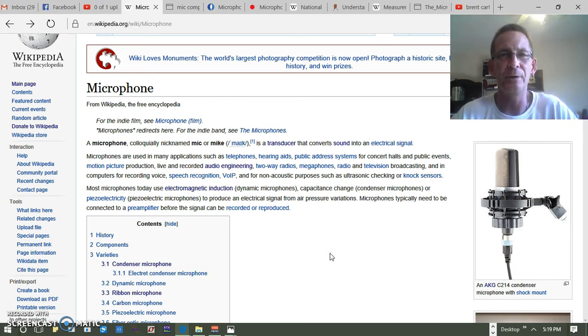And we're going to break them down to their basic components and how they function so that we can have a really good understanding of what they're doing with the audio signal, how they're processing it through just the transducer, and so that we have a real good understanding of what's happening, because that's going to give us a much better understanding of how to use the microphone.